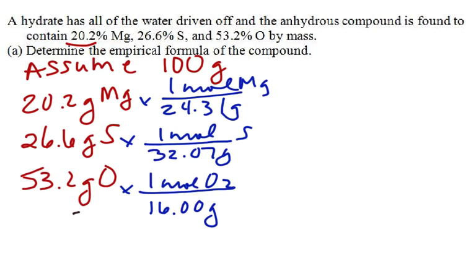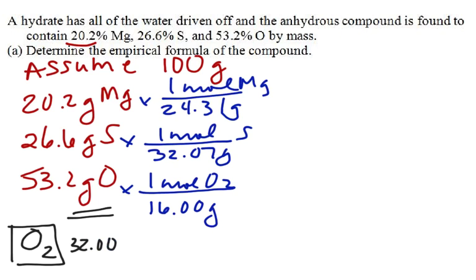Now make a little point here about the oxygen. Most of the time, if we see oxygen in a compound, in a problem, we're talking about diatomic oxygen. And in that case, we wouldn't use 16, we'd use 32 grams per mole. But for this kind of problem where we really want to get a formula, we're going to have moles of atoms.